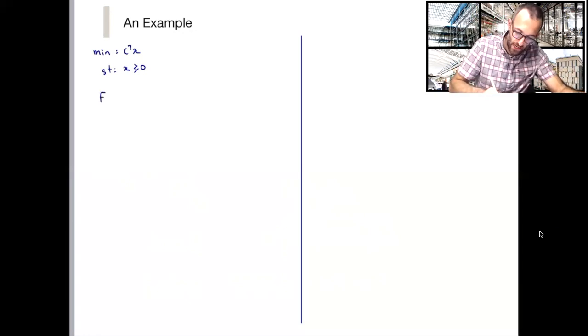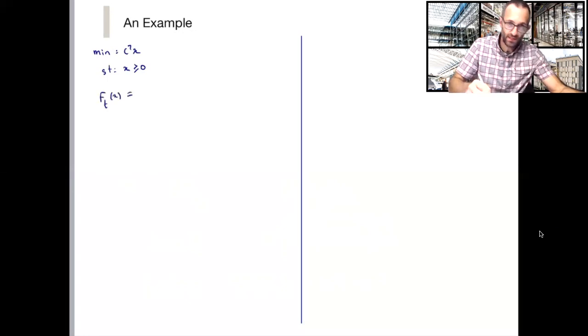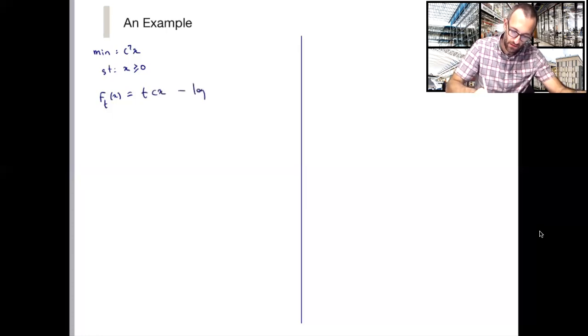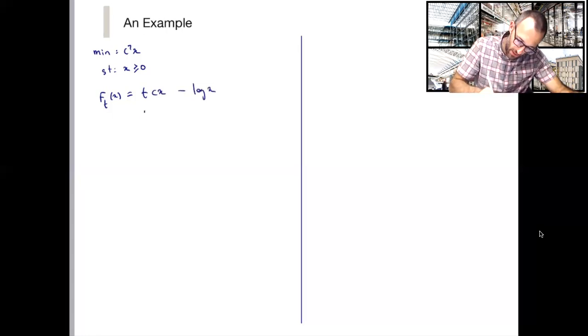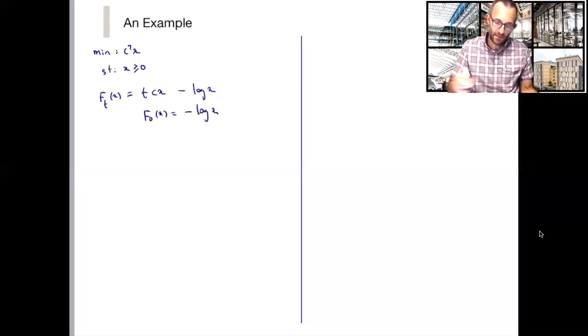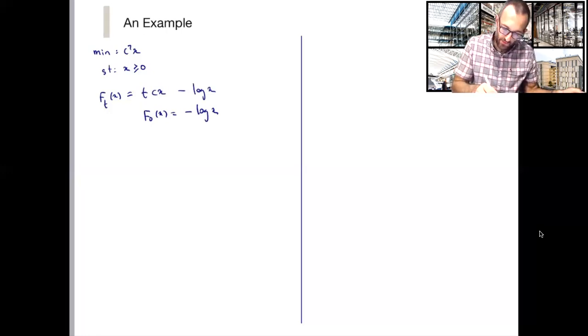So we've got ft of x is equal to t times, again, no transpose even needed, cx minus log x. This is our barrier function. So f0 of x is equal to minus log x, and therefore we can compute its first derivative and second derivative.